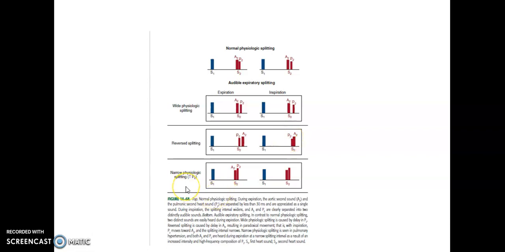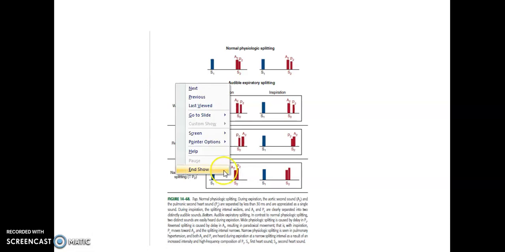The next entity is narrow physiological splitting. Here the gap between A2 and P2 is less, but P2 is very loud, so you hear the two components in spite of the low gap between A2 and P2. It is seen in pulmonary hypertension.